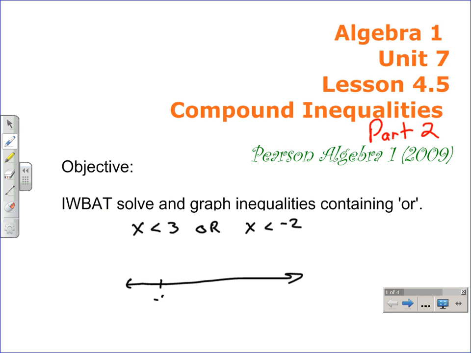Here having our -2, 0, and 3 a little bit further away. Graphing this here, x is less than 3, we'd have an open circle on the 3, and we would shade to the left. We wouldn't even need to really graph this x is less than -2. If we did, we'd put an open circle on the -2, and we would also shade to the left. So there'd be a lot of times in these situations where you may have overlap and a lot of times where you may not.